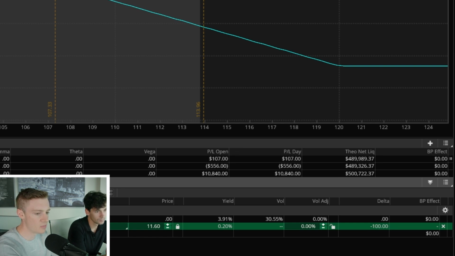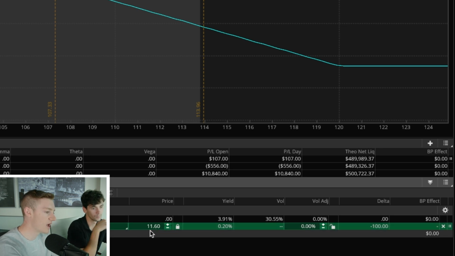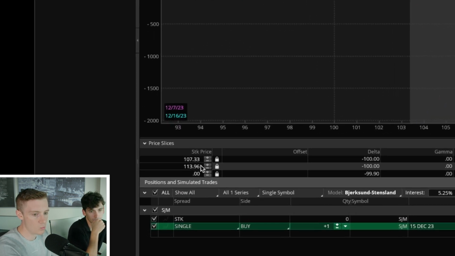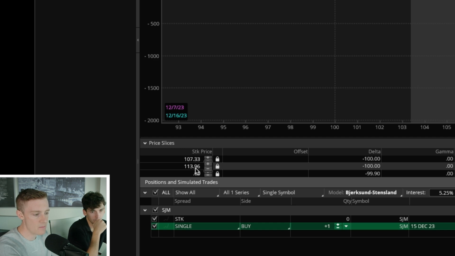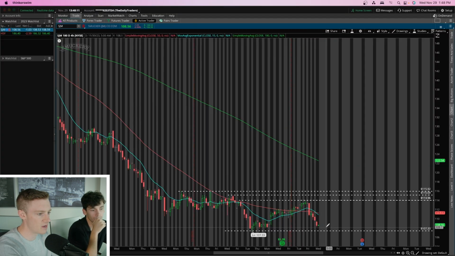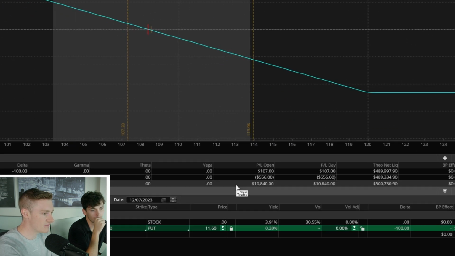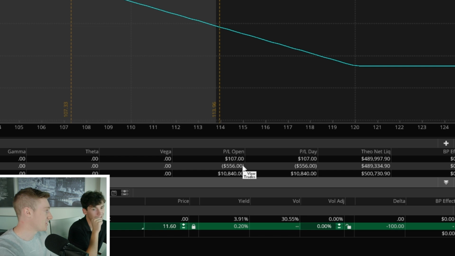That's our P&L open on this one contract, which, let's say theoretically, we got filled at 1160. And then 113.96 being our stop loss, right here. If we hit our stop loss on December 7th, we will be down $556.